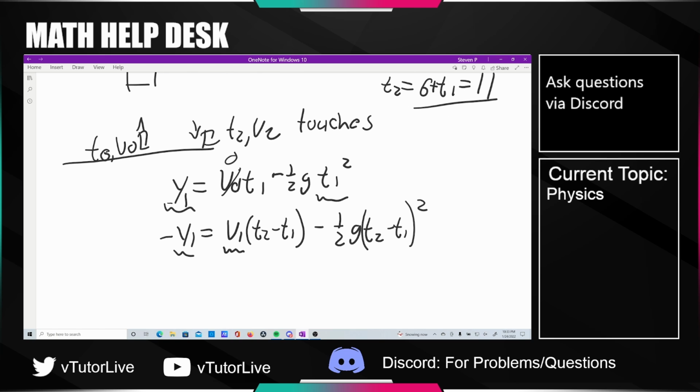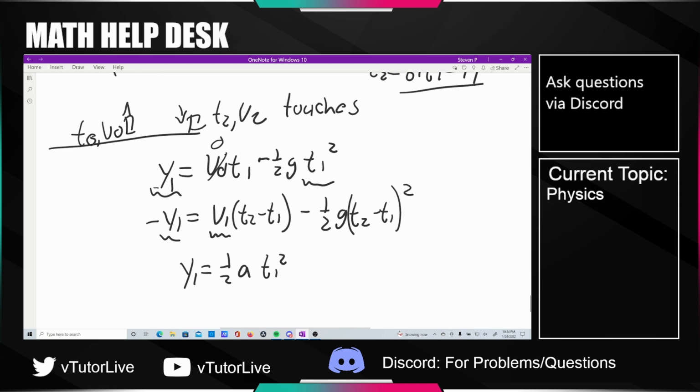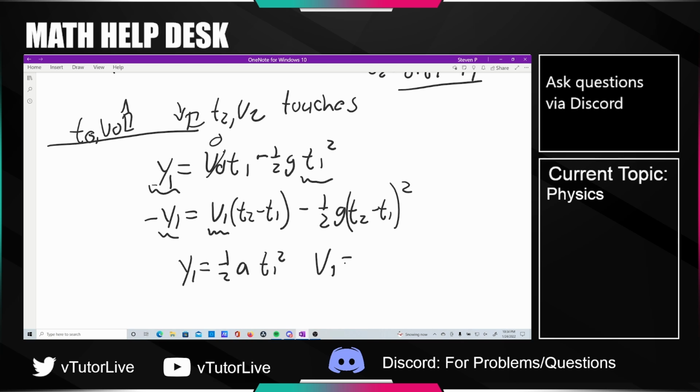But we should be able to get a relationship between some of these, because the velocity at that point in time is going to be related to the stuff by acceleration. Yeah, so that's just going to be, oh gosh, this is kind of hard. y1 is equal to 1/2 a t1 squared, and v1 is equal to a t1.